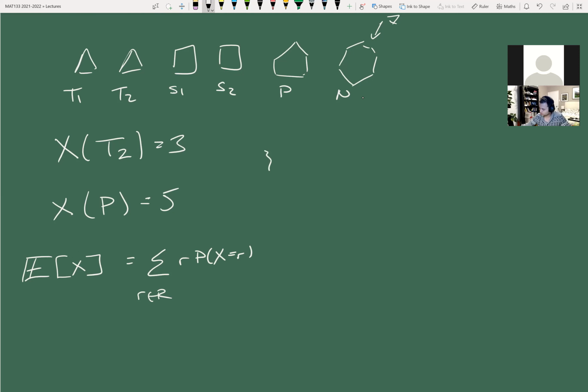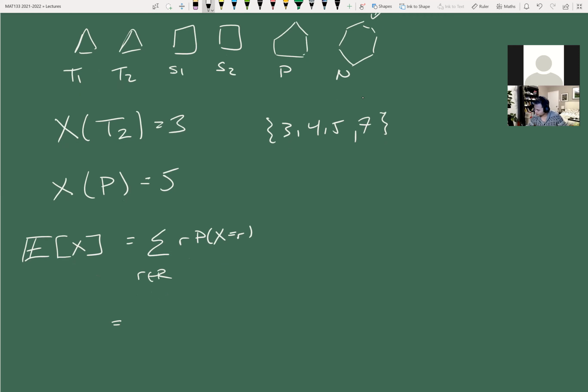So we said 3 is a possible output, 5 is a possible output. 5, 4, and 7, right? That's the output. Maybe let me put the 4 before the 5. Okay, so that's the range.